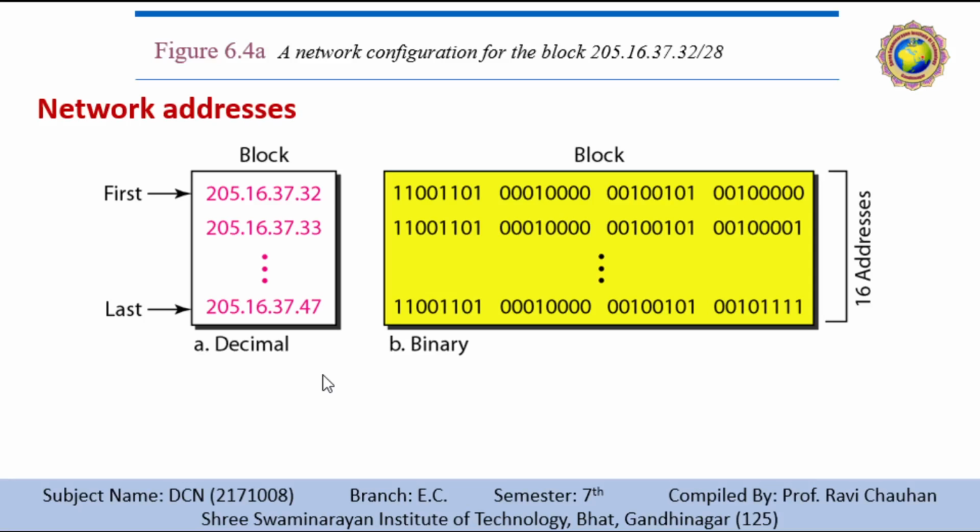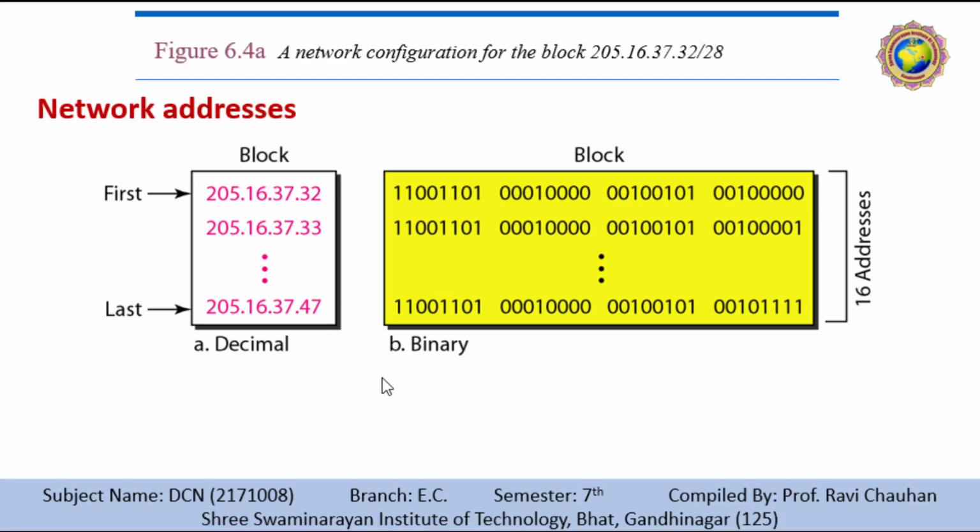The first address is called the network address and defines the organization's network. It defines the organization itself to the rest of the world. In a later chapter, we will see that the first address is the one that is used by the routers to direct the messages sent to the organization from the outside, means a default address.